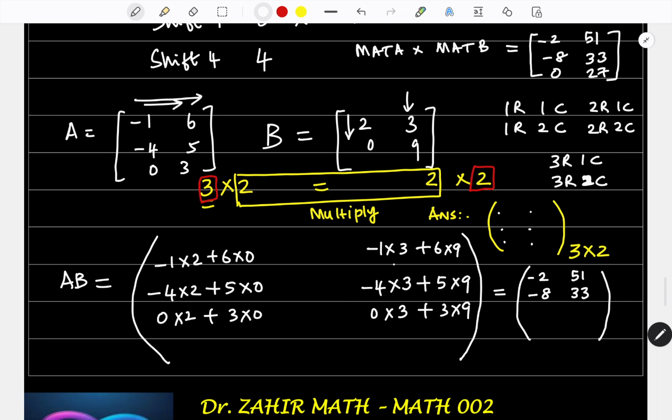Then 0 times 2 is 0 and this is 0, and 3 nines are 27. So this is your answer, 3 rows and 2 columns.